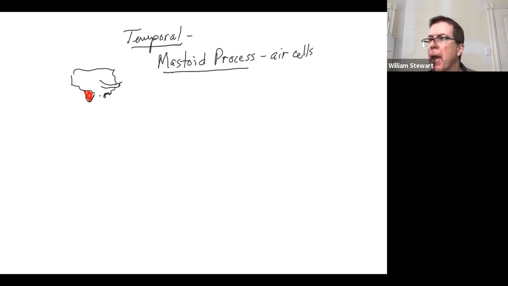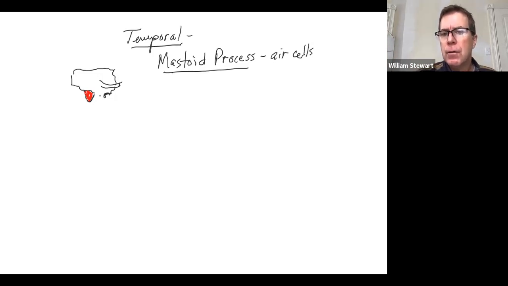It helps with our hearing mechanism to be able to resonate sound in our skulls. It's almost like a mini sinus, but it's not considered a sinus. There are air cells in there that help with resonance of sound. It can become infected, those little air cells. That's called mastoiditis.